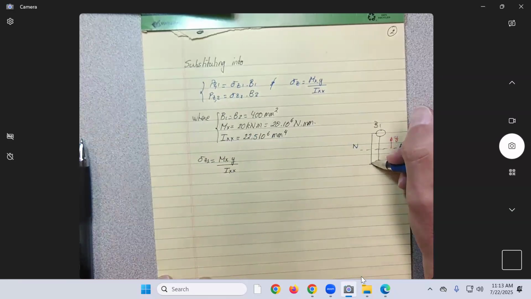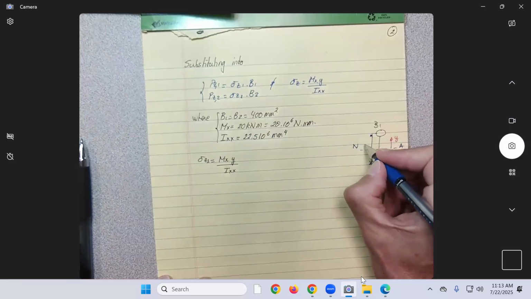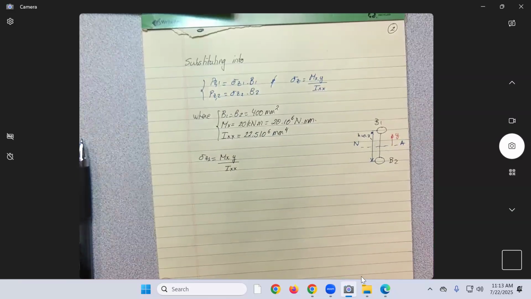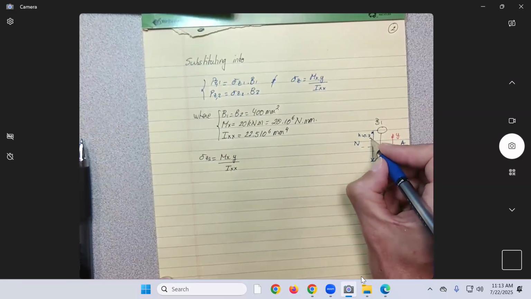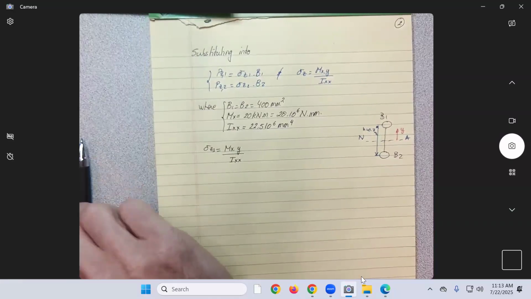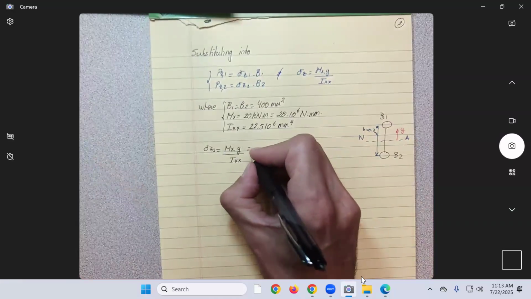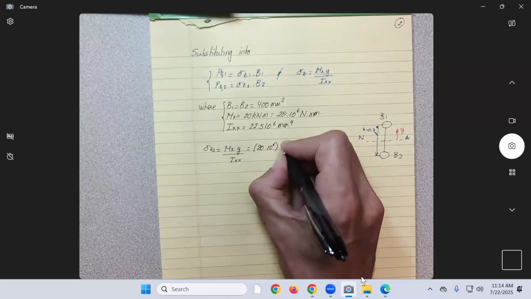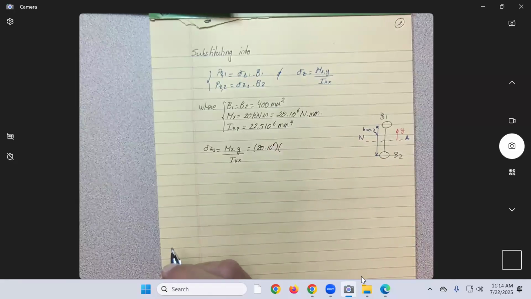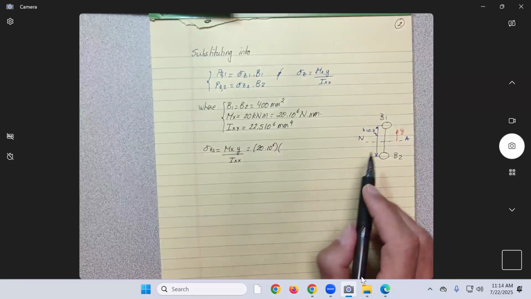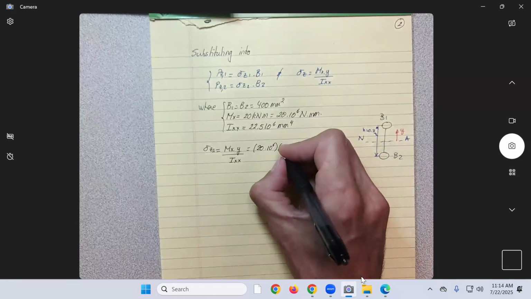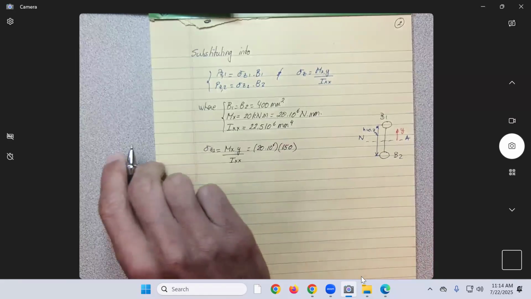That distance here was h equals 0.3. So what do we get? We get 20 10 to the 6 times y, which in this case is 0.3 divided by 2, so 0.15 meters, which is 150 millimeters.